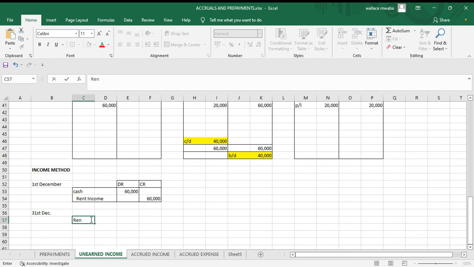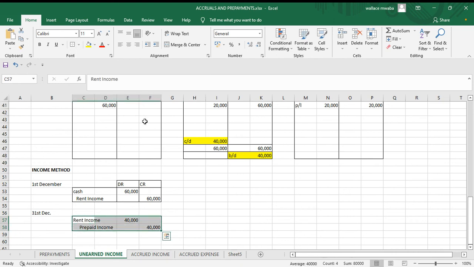A decrease in revenue is debited, so we debit rent income 40,000. And we're going to credit prepaid income 40,000.